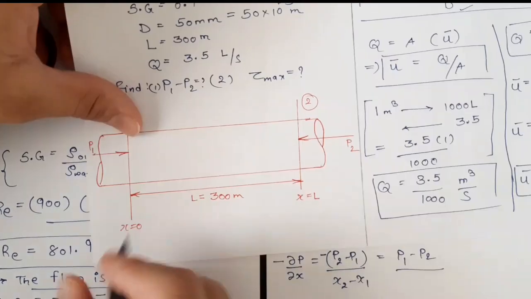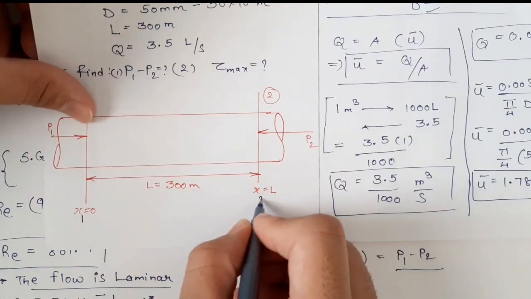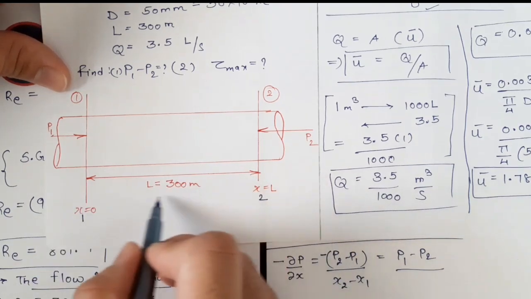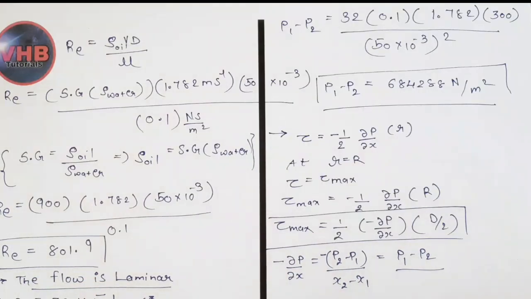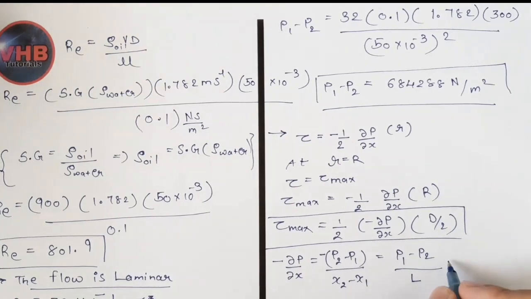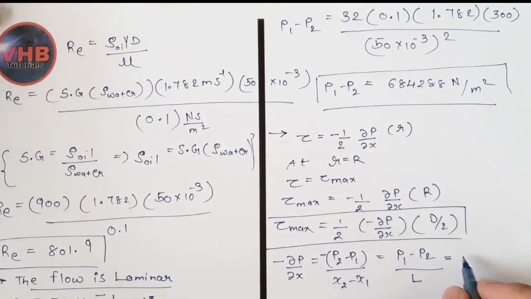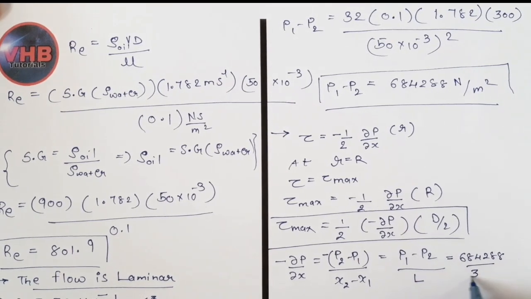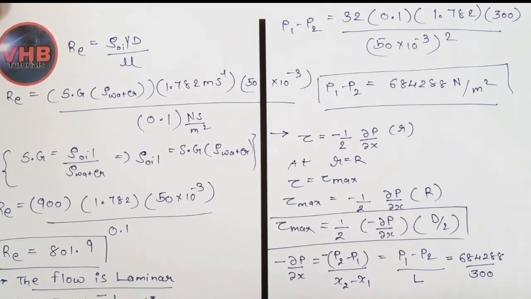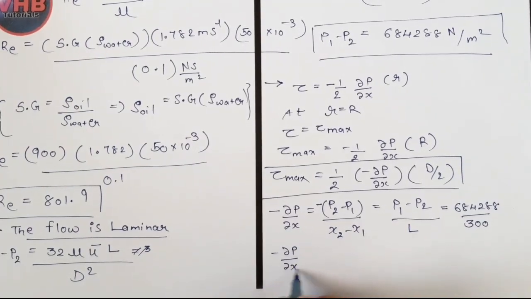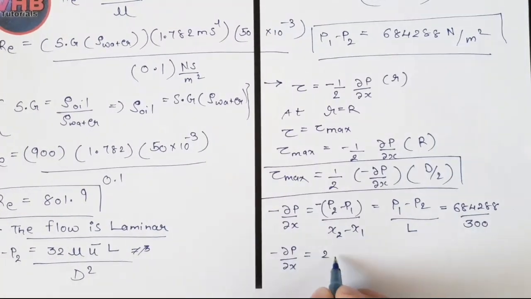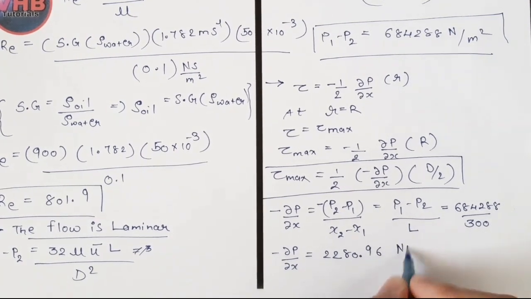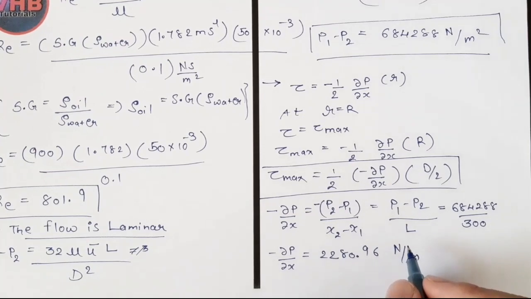X2 minus X1 is the distance between these two sections, which is 300 meter, so it is L. P1 minus P2 is 684,288 divided by 300. So minus del P by del X equals 2280.96 Newton per meter cube.